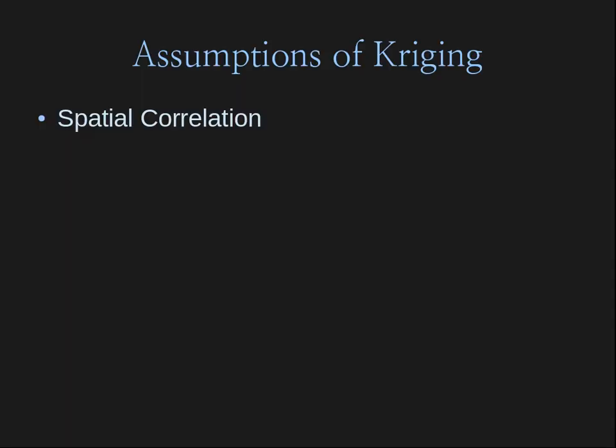So again, let's talk about the assumptions that need to be met for us to go through kriging. The first one I just talked about, spatial correlation: we need points that are more similar to ones close to them than you would expect from random points.